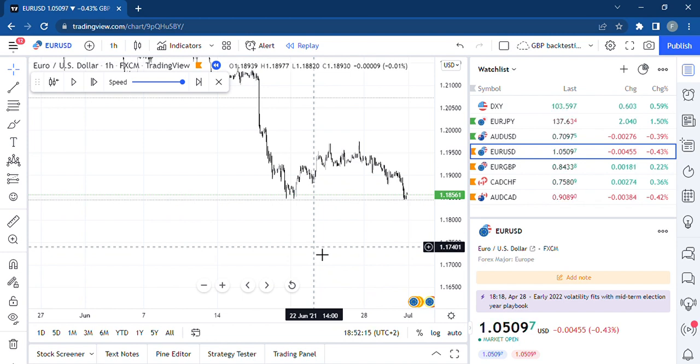What's happening on the 1 hour is what's going to affect what's going on the 1 minute. The 1 minute follows the 1 hour time frame. Okay, remember that. The same applies with the 1 hour compared to the monthly. If the monthly says that the market is going down, no matter what the 1 hour says, the market will go down.